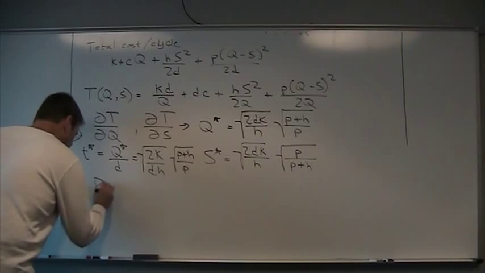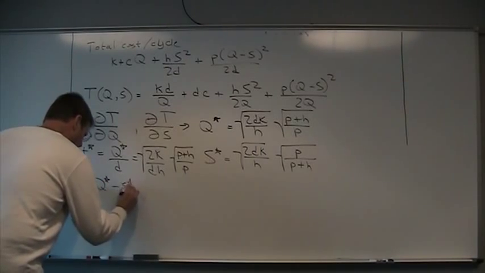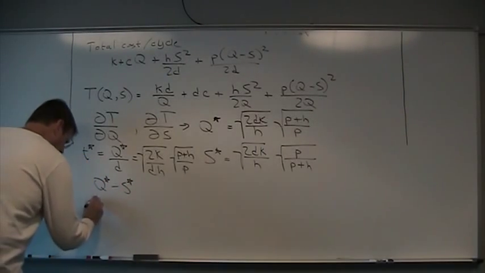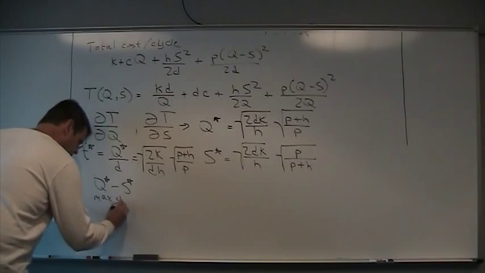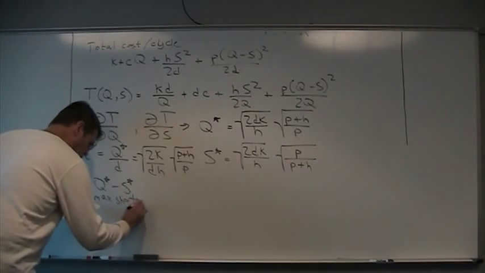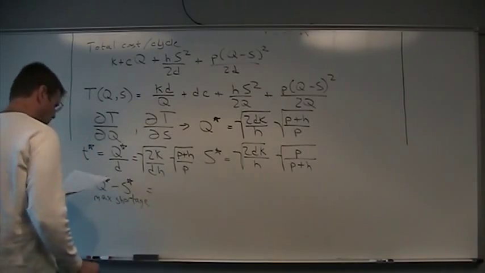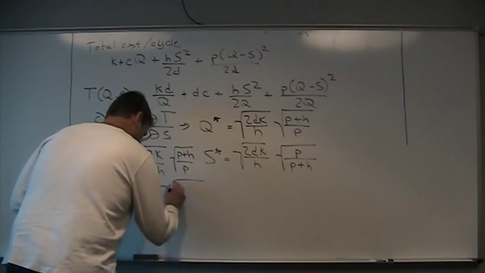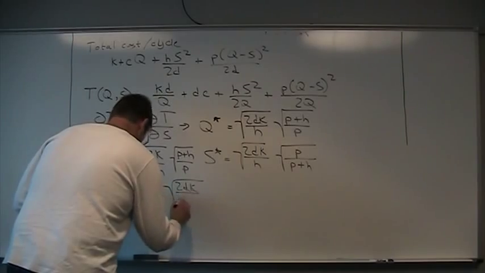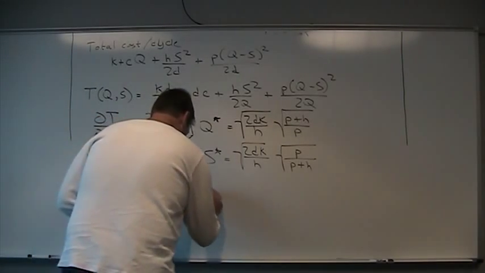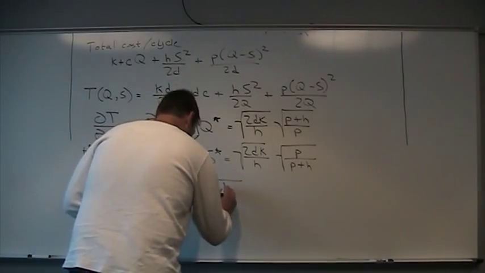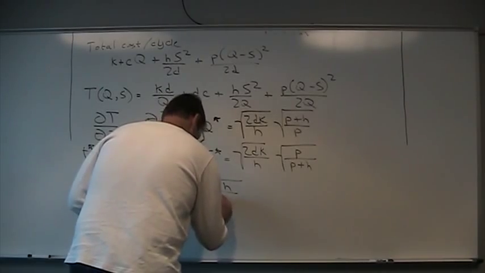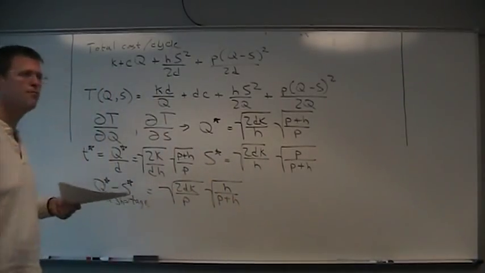And then Q star minus S star, so this is going to be the maximum shortage, the optimal maximum shortage. This works out to be the square root of 2DK over H times the square root of H over (P plus H).